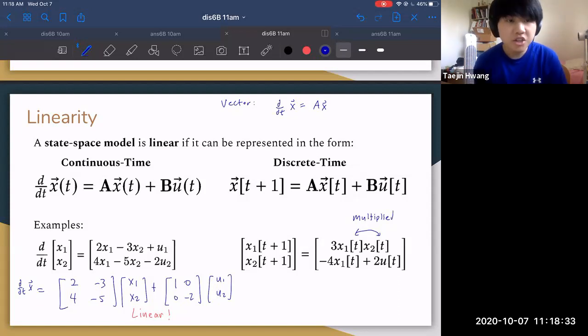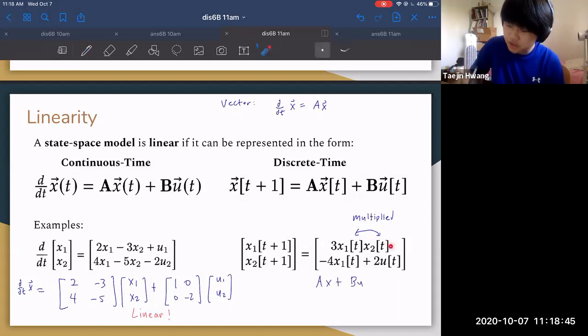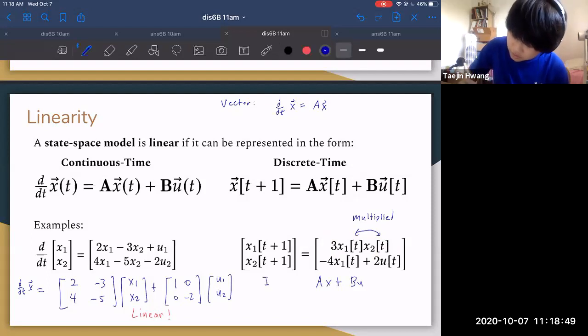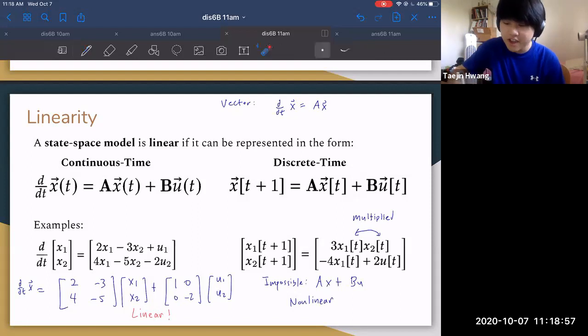You can try as hard as you can, but you'll realize there is no possible way for us to write this as AX plus BU because these two states have been multiplied together. So this is nonlinear, and it doesn't have anything to do with the fact that it's discrete. It's just because we're multiplying these two states together.